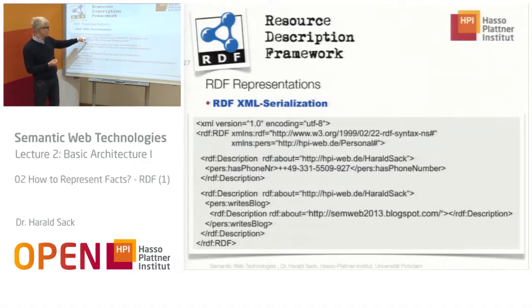First, for the RDF namespace, so you don't have to repeat it for your RDF markup tags, and then you have here, for example, a personal namespace, and here you are referring to these namespaces again and again. And then here, for example, you are talking about a subject about me. You encode this in rdf:about, and then I can say I have a phone number. You state this phone number here between these markup tags, and you make an RDF description, and this describes again a triple. So it's a little bit more complicated.